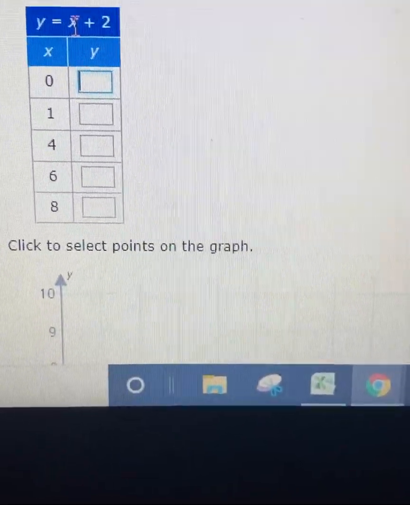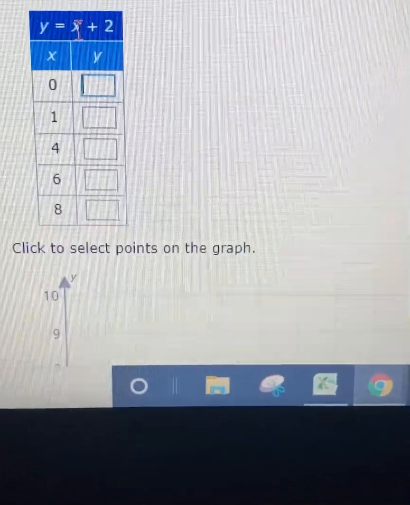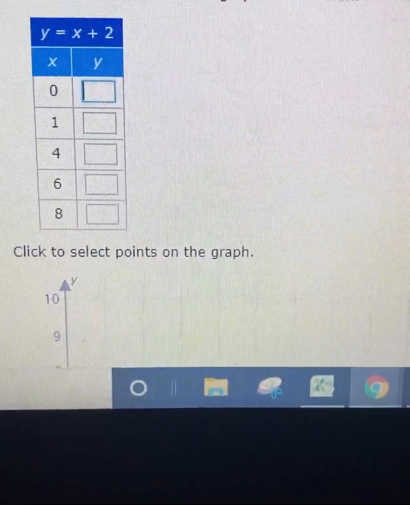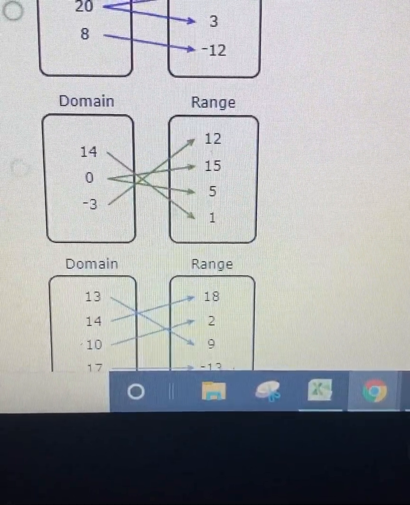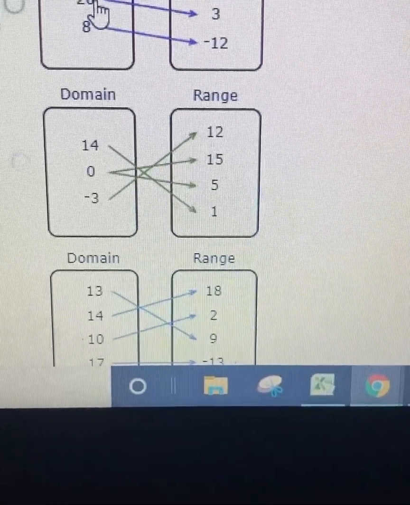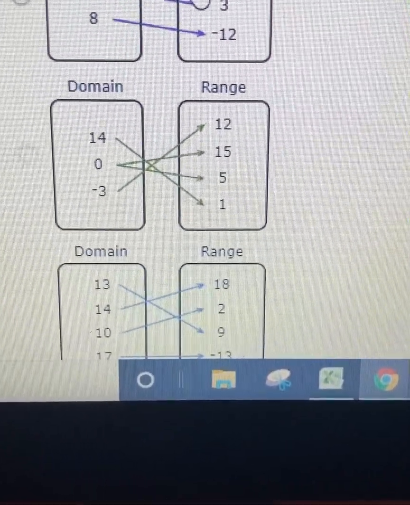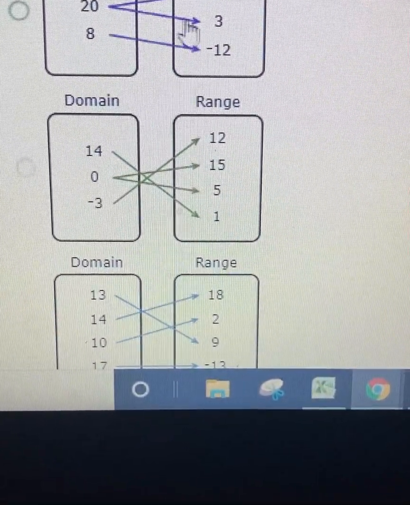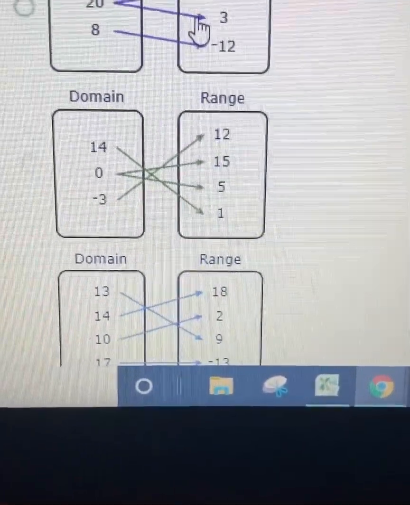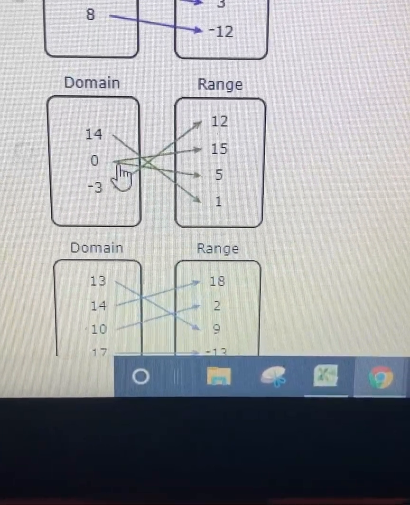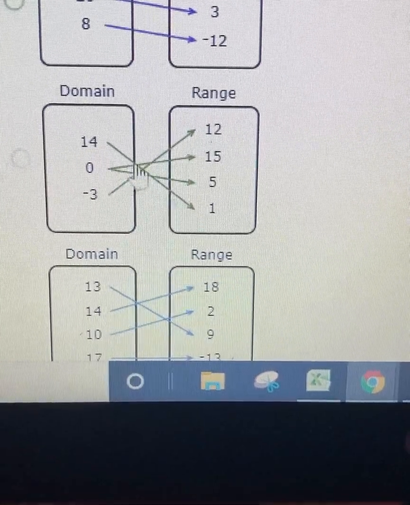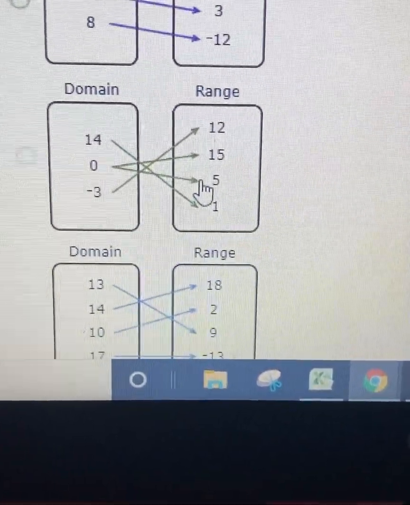Doesn't make any sense, so that would not be a function, if you were able to put in the same number and get two things out. Same thing here: you can't put in 0 and get out 15 and 5.